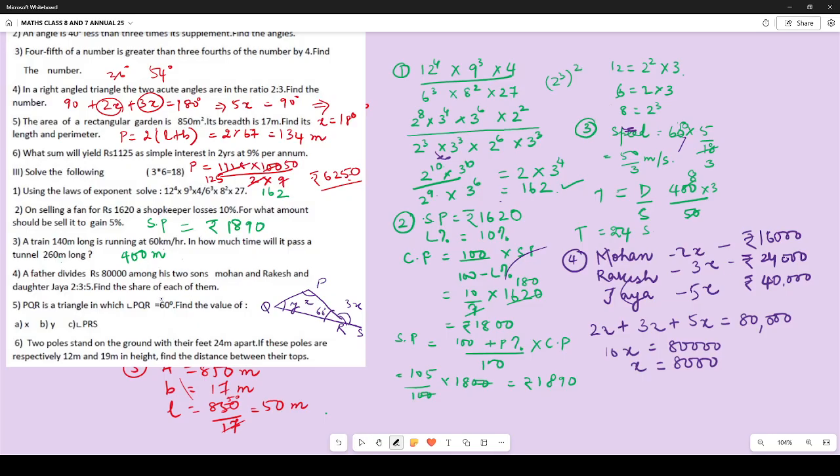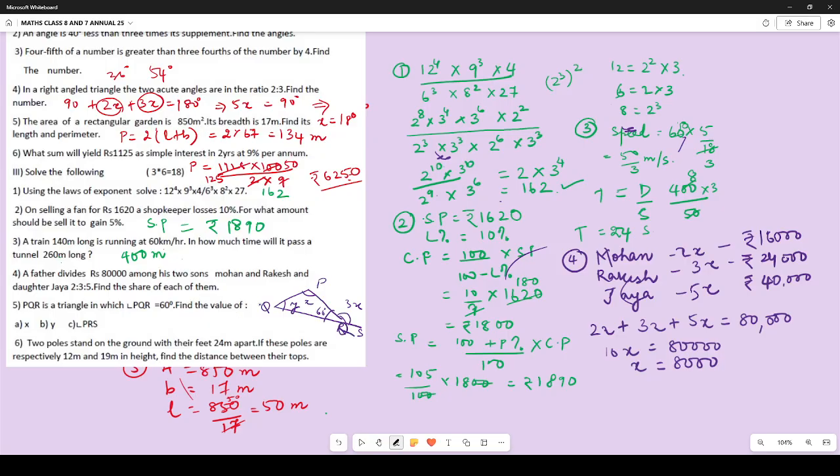Now PQR is a triangle in which angle PQ, oh sorry, I wrote it incorrectly. PQR is a triangle in which angle PQR is 60 degrees. Alright, sorry.